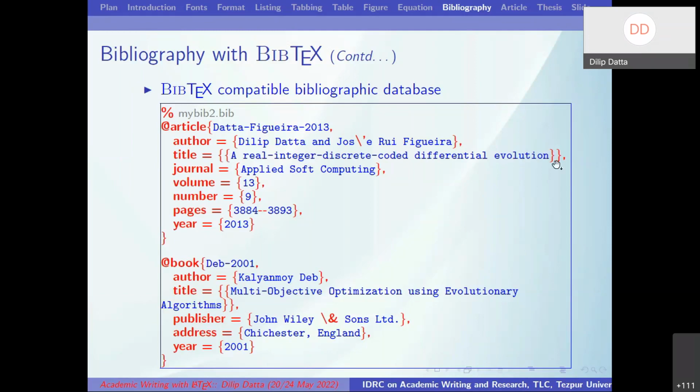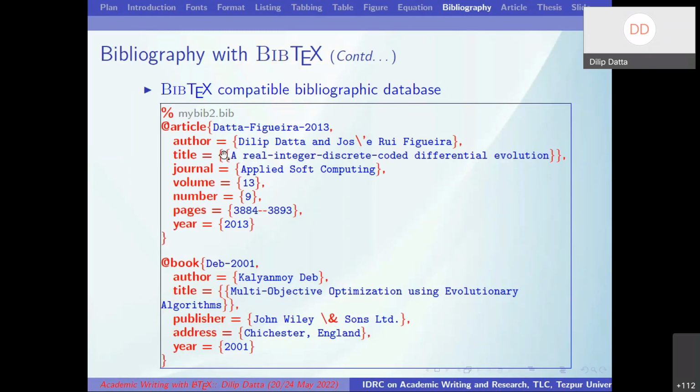Double curly braces in title is used to preserve the capital letters. Many times we may need to use capital letters in between also. But if we write title in single curly braces, LaTeX will make only the first letter capital and all other will be made small.